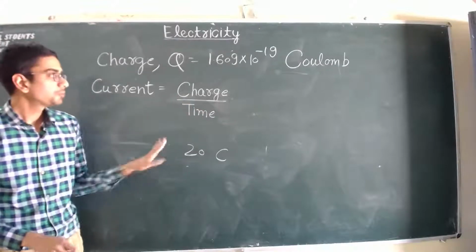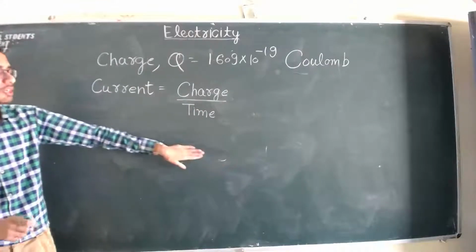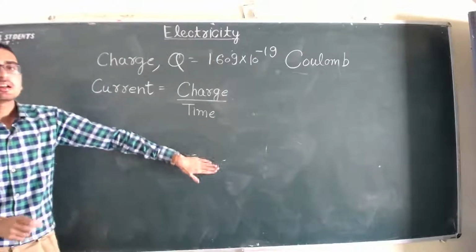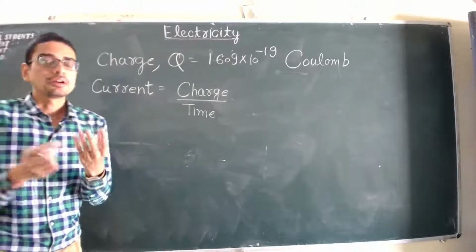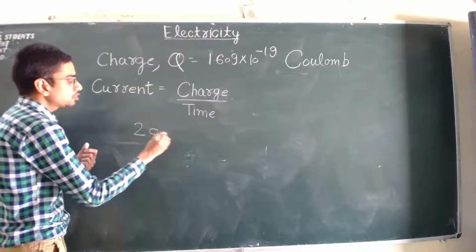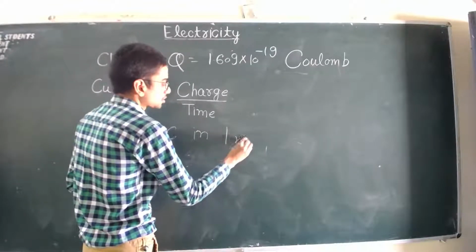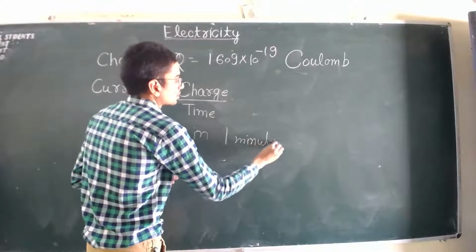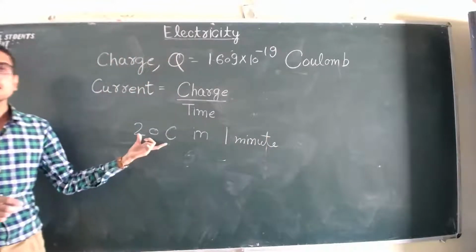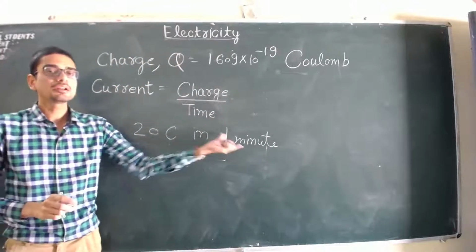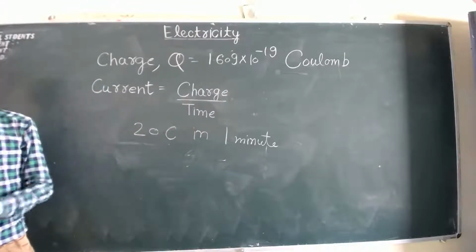For example, I give you a question: from a conductor 20 coulomb of charge flows in 1 minute. If 20 coulomb of charge flows in 1 minute, find the value of current.